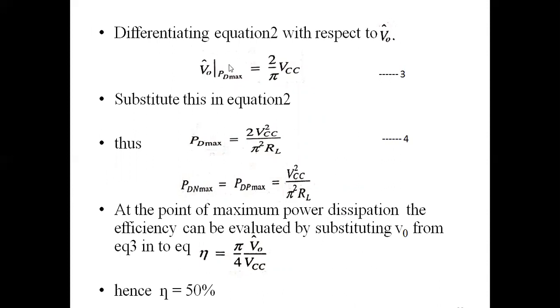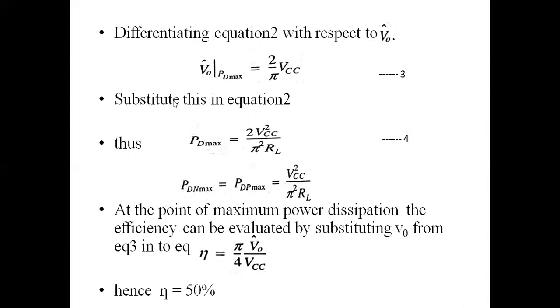Now differentiating this equation number 2 with respect to V naught cap, we get V naught cap is equal to 2 by pi VCC. Differentiating with respect to V naught cap gives the maximum power dissipation, that is at V naught cap equal to 2 by pi VCC.